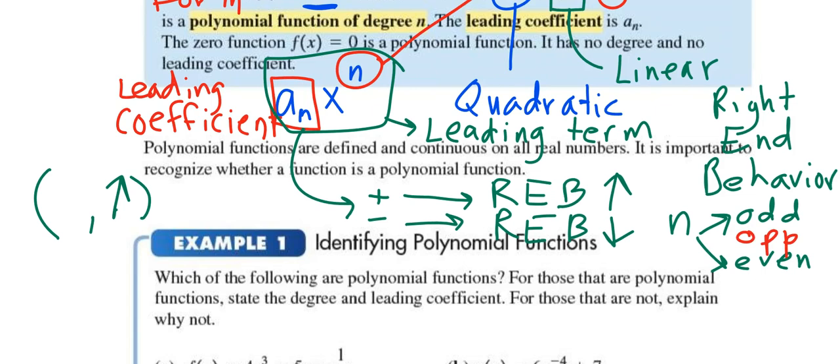Look at that, ODD, OPP. It's like they go together, kind of. So we would say things like, if this was odd, then this would be opposite of the right. If it's even, it's the same as the right. It is entirely critical that you figure out what the right end behavior is first, so that we know whether it's opposite or same.